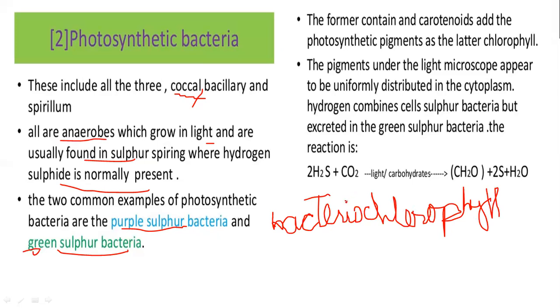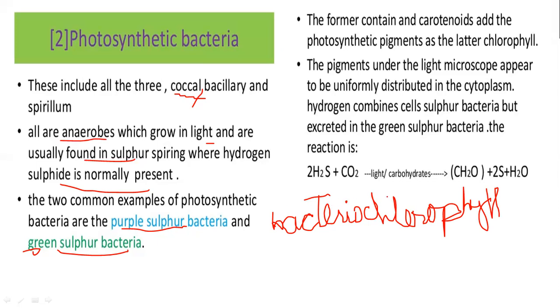And the chlorophyll is incorporated in the membranes of their mesosomes. We have seen these mesosomes before in the first chapter. Unlike green plants, algae and cyanobacteria, they do not use water as a reducing agent, and so they do not produce oxygen.